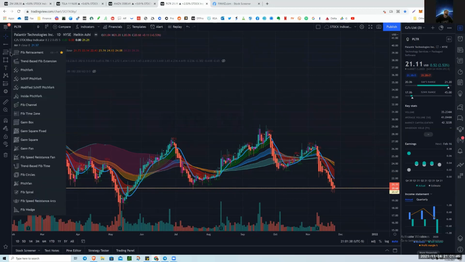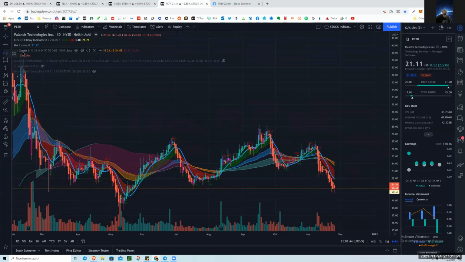So usually what I do when I'm drawing my retracements, I'll pick my starting point wherever I see the bullish signal or the bearish signal. And I'll go from the bottom of that candle wick, on the left hand side.